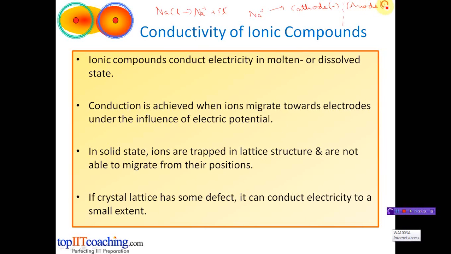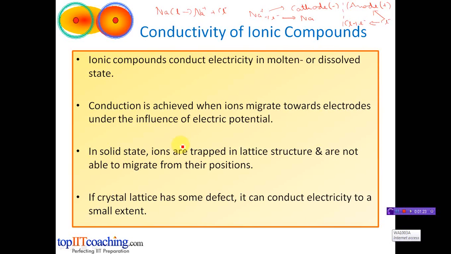And chloride ion will migrate towards positively charged anode. At cathode, sodium ion will receive one electron to form sodium atom. And at anode, chloride ion will lose one electron to form chlorine atom. This whole process is known as electrolysis.